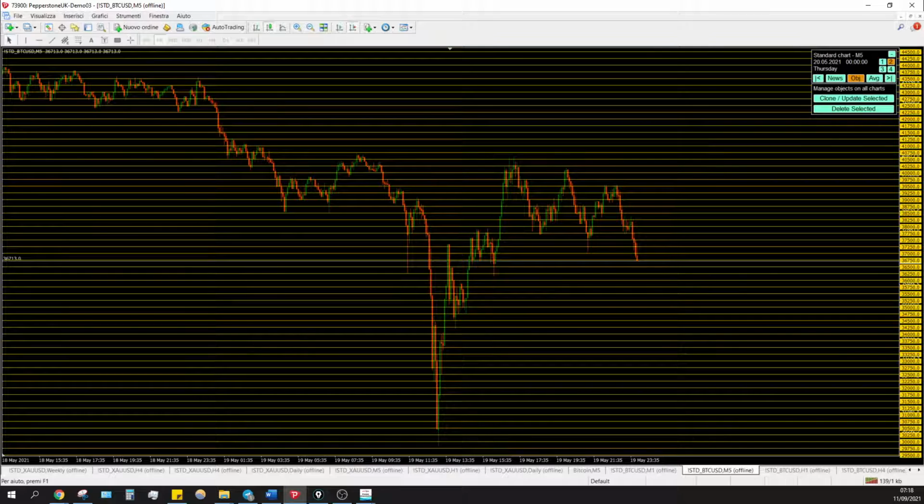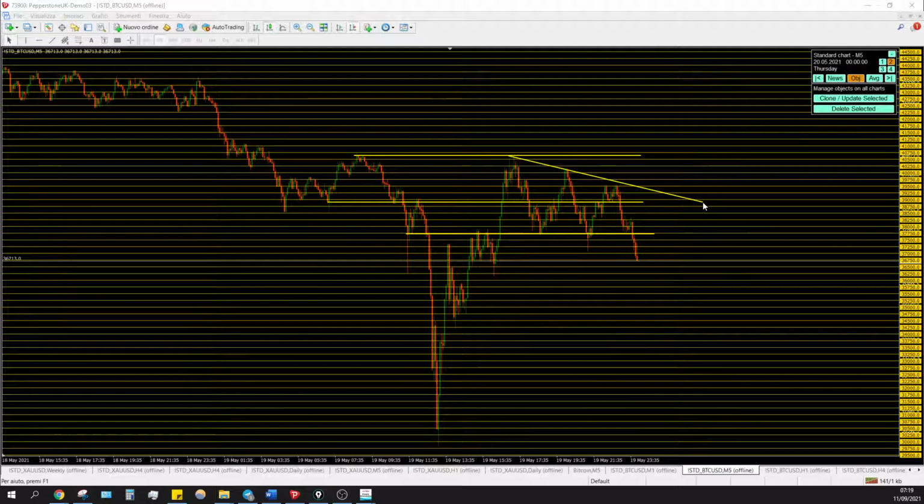As you can see, price reacted here. We have this sort of reaction area. We have this new lower time frame price sensitivity area. We have a bearish trend, but of course it goes by price points.